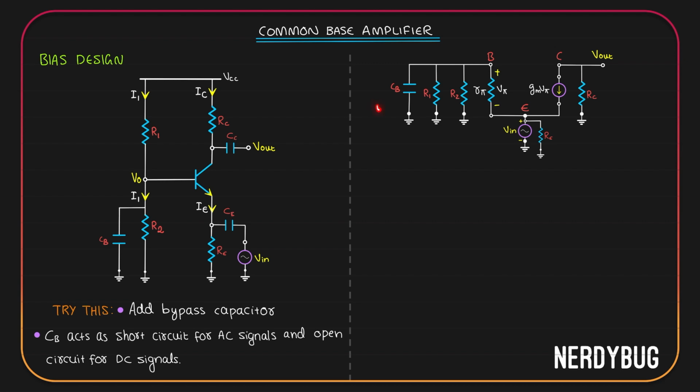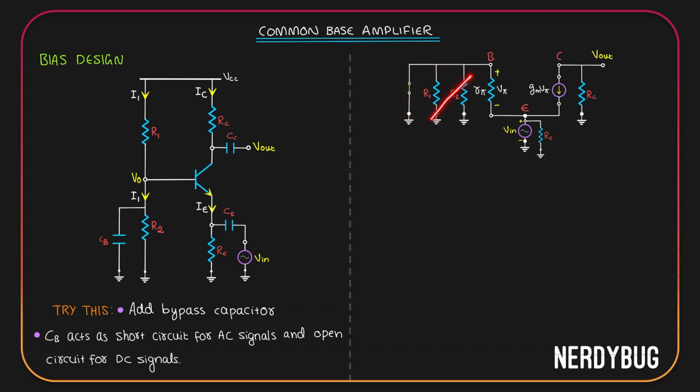Now CB is also going to be shorted because we only have AC signals in the small signal model. When we short CB, you can see that R1 has both its terminals connected to the ground. R2 also has both its terminals connected to the ground. Basically, both R1 and R2 get shorted.